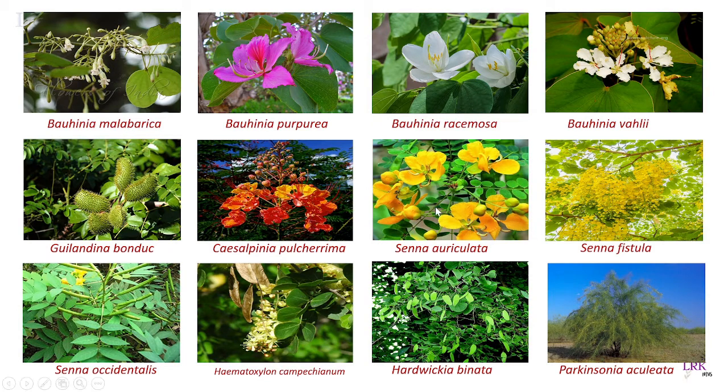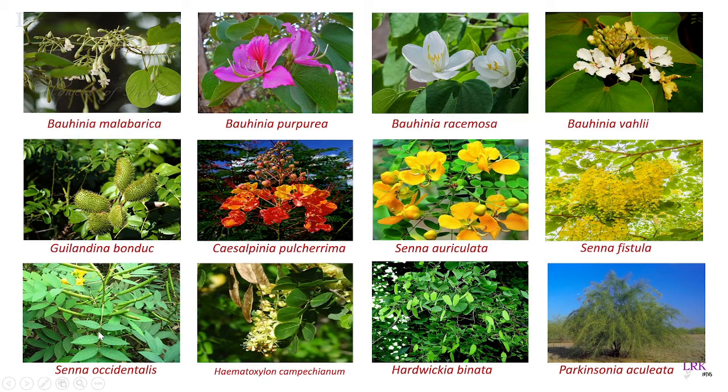Okay. This one, Senna auriculata, is popularly known as Tangedu, and it is the state flower of Telangana state. And in Hindi we call it Tharwar. This is Senna fistula. In Telugu we call it Rela, and in Hindi, Amaltas.